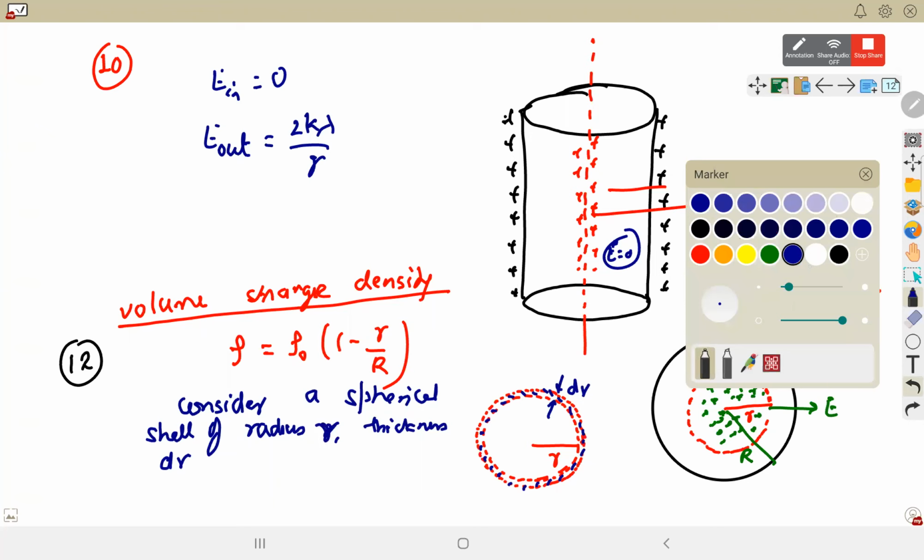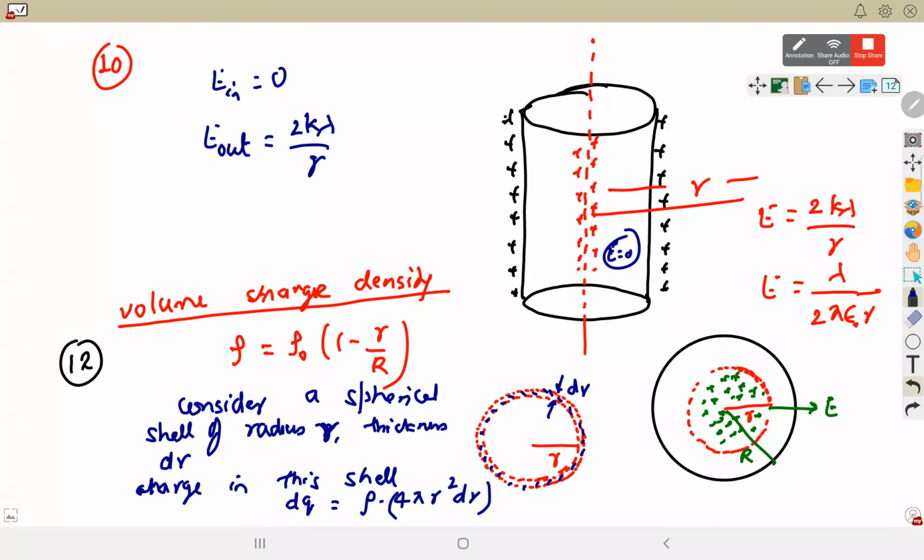So on radius r we have considered a small shell of thickness dr. The charge on this shell, dq, will be charge density times volume, and the volume is 4 pi r square dr. Rho is the density, the volume is 4 pi r square dr, because the area is 4 pi r square and dr is that height.